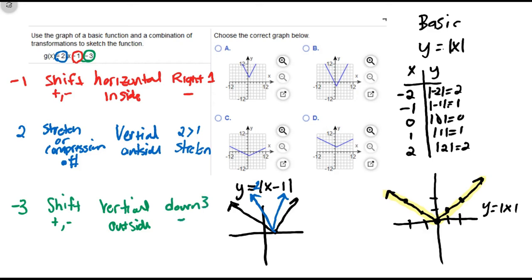So I'm going to take that blue graph that I've drawn, which is a skinnier absolute value, and shift it down 3. And that will be my final graph, y equals 2 absolute value of x minus 1, minus 3. And so that looks like answer choice B to me.